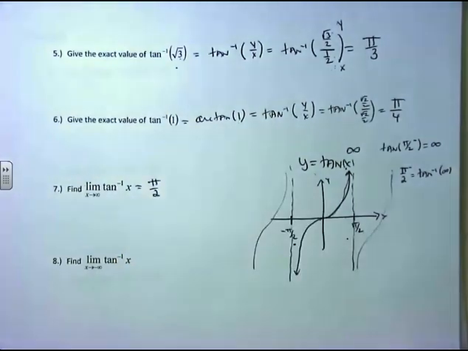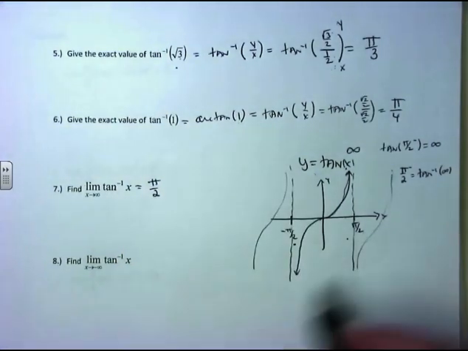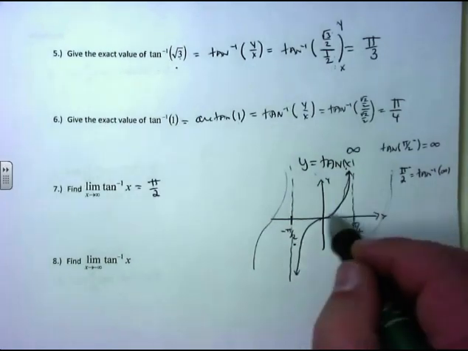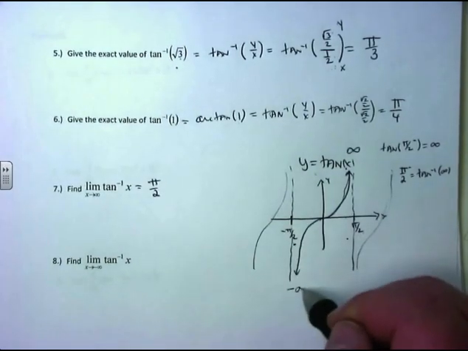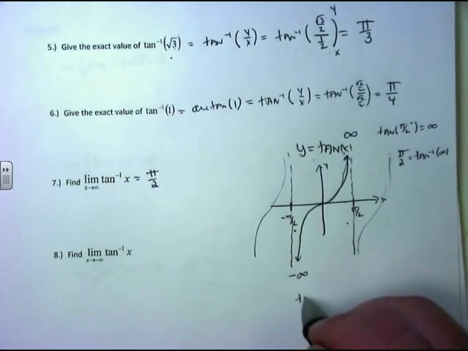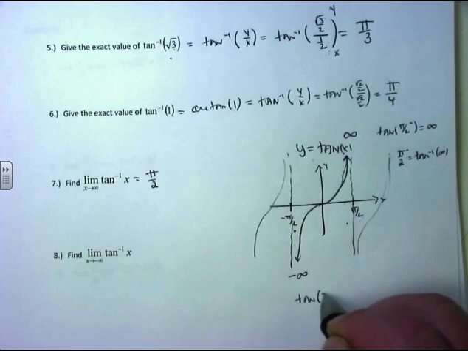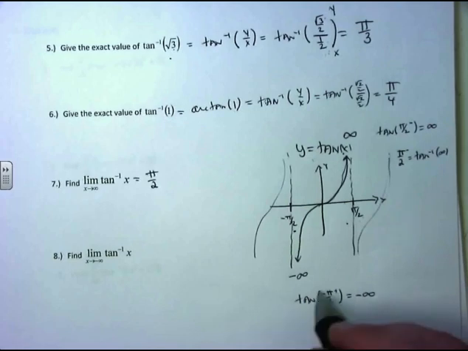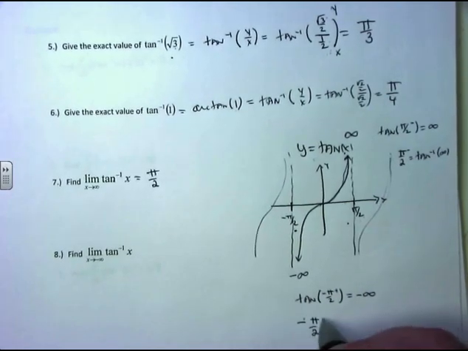Pi halves. And similarly, I'm shooting down here between negative pi halves and pi halves. The tangent graph shoots towards negative infinity as I get closer to negative pi halves. So the tangent of negative pi halves, from the plus side, is going towards negative infinity, which is equivalent to saying that negative pi halves from the plus side is equal to the tangent inverse of negative infinity.